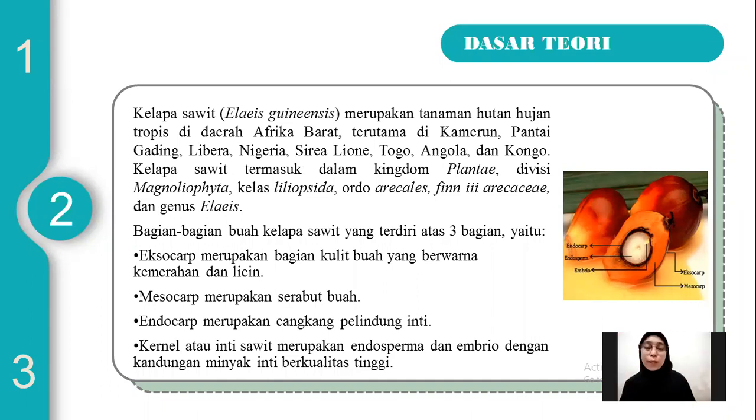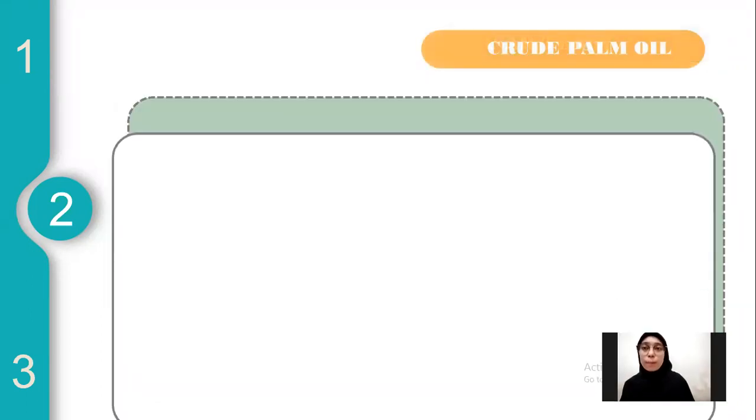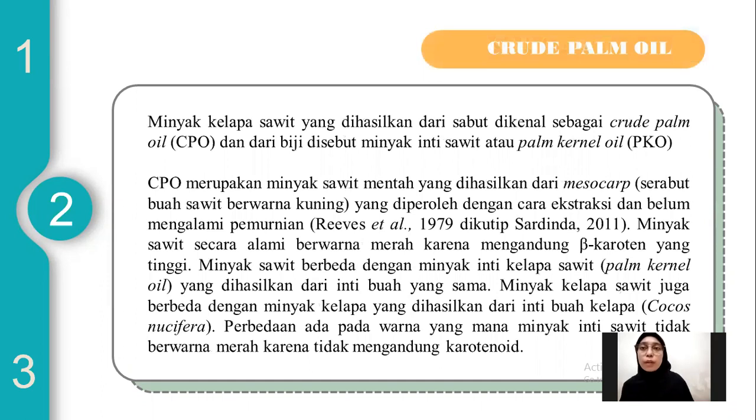All right, thank you, Husnul Ma'rifah. The next slide is about crude palm oil. CPO is crude palm oil produced from the mesocarp, or yellow palm fruit fiber, obtained by extraction and has not undergone purification.